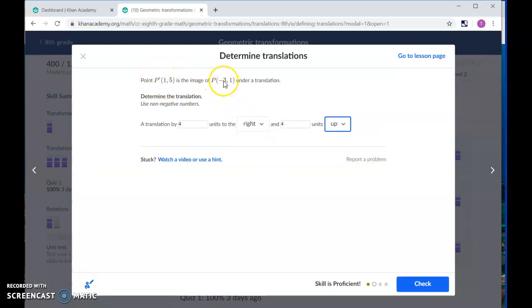So if I start at -3 and I go to 1, I would be moving over 4 positive places. If I start at 1 and I go to 5, I would be moving 4 positive places. Okay, and if we move right, that's positive. If we move up, that's also positive.